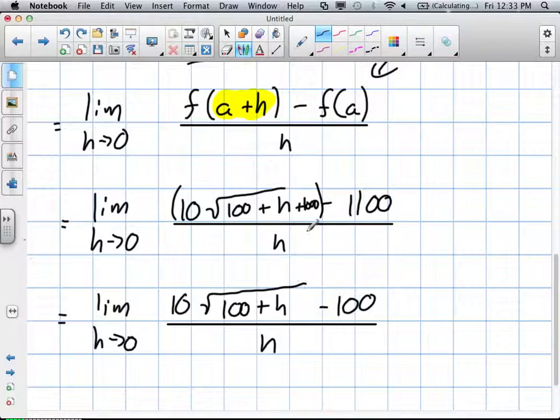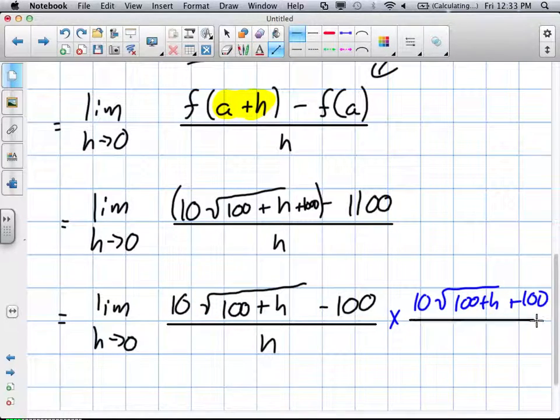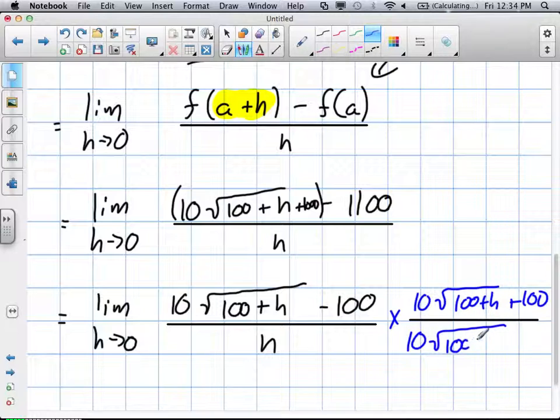Then we get into rationalizing the numerator. Same idea: 10 root 100 plus h plus 100, divided by the exact same thing below for this conjugate, root 100 plus h plus 100.